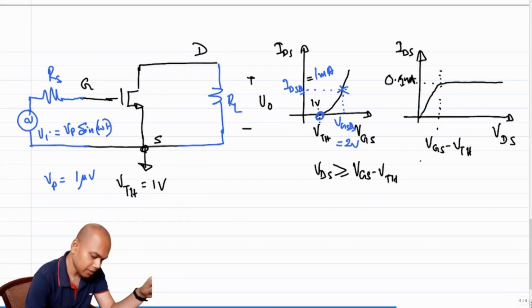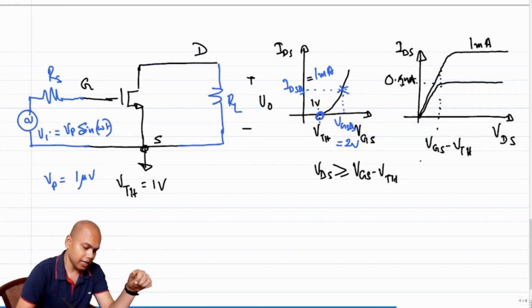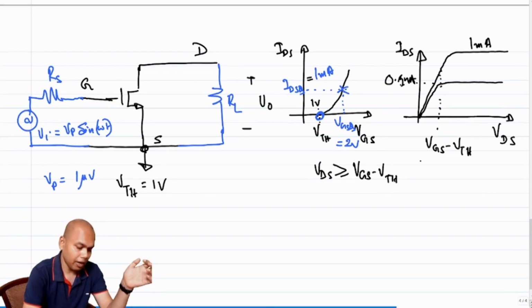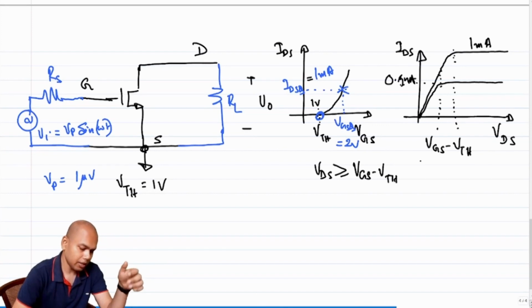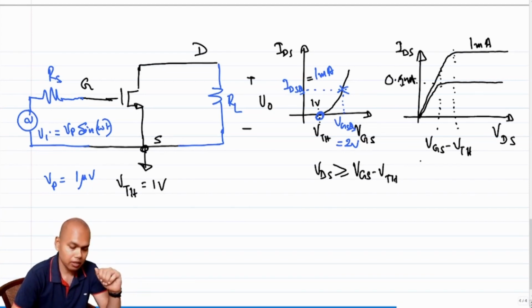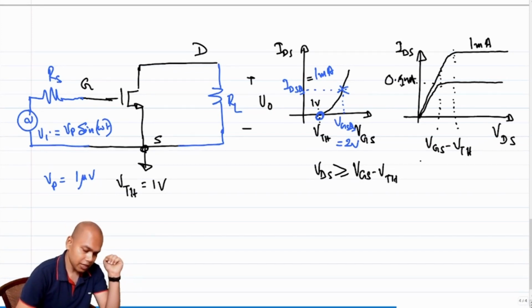So which means that I'll have to find another plot where the maximum IDS will be 1 milliamps. And clearly, where will that break point be? Where will this turning point be? Will it be at the same point at which the IDS of 0.5 milliamp plot breaks? Obviously not, because this will be a higher VGS value, right?